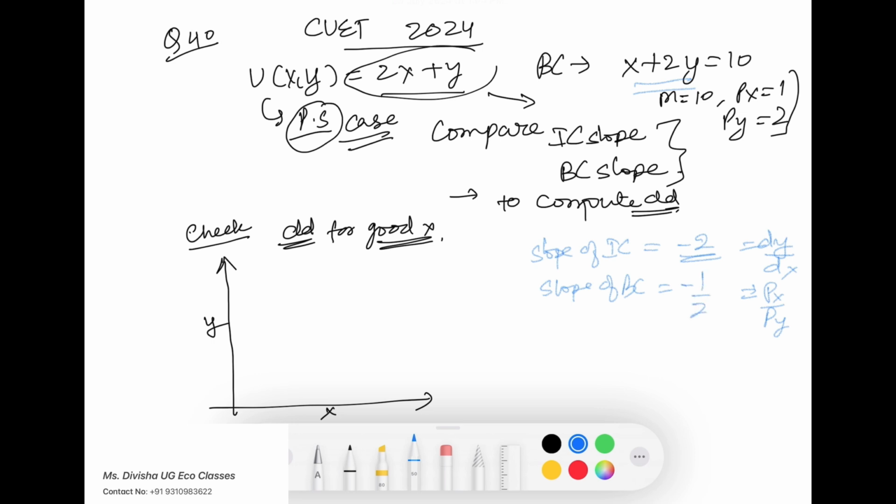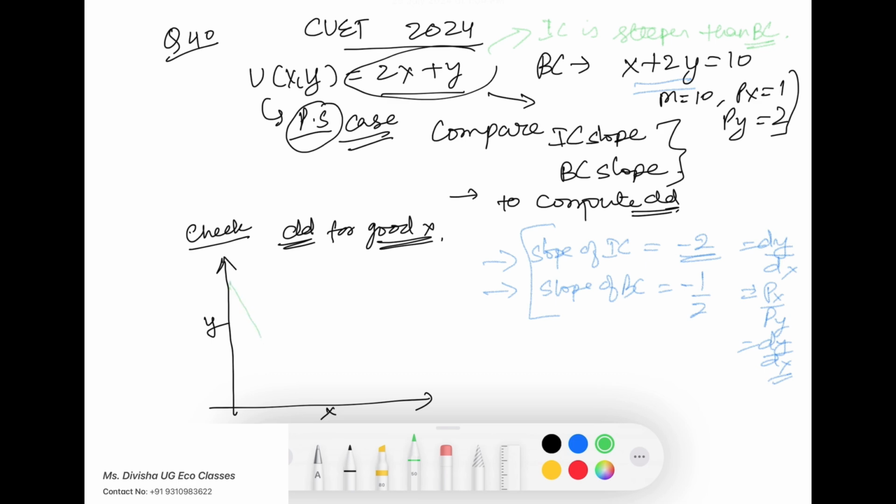Again, this also comes from the computation of dy by dx, and that's how you get the slope of the budget constraint. Now if you plot the IC and the budget constraint, how will the curve look? The IC is steeper than the budget constraint.